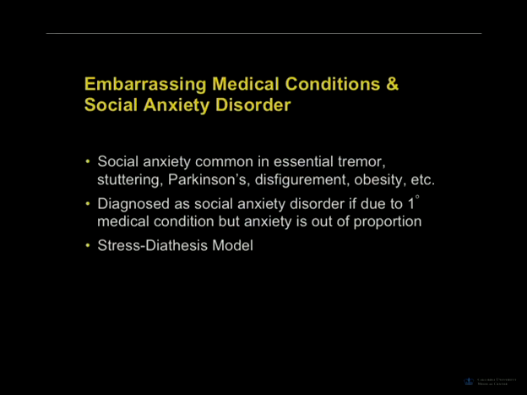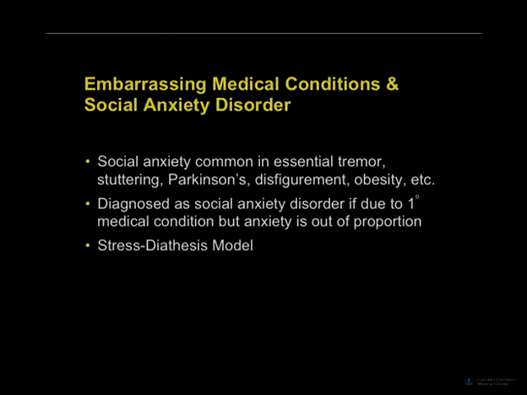So I mentioned before that social anxiety can interact with physical conditions that might draw unwanted attention, like essential tremor, stuttering, facial disfigurement, obesity even. And as I said before, we think of these as people who have some additional factor like that that might draw unwanted attention, might cause certain people who might otherwise not reach a threshold of disorder of social anxiety to then kind of push them above that threshold.